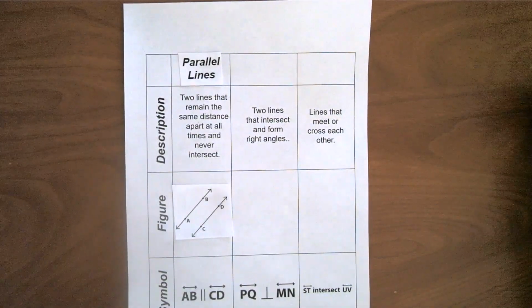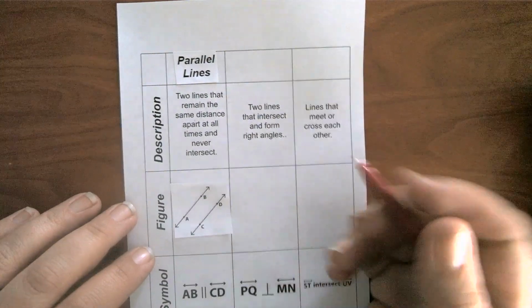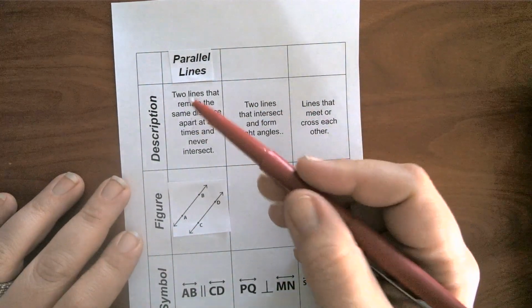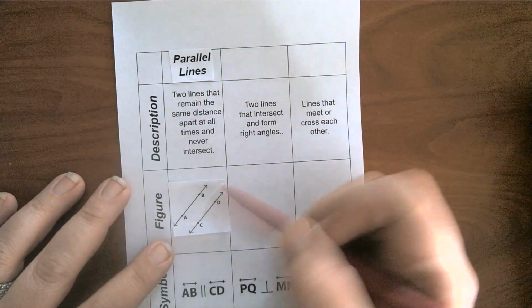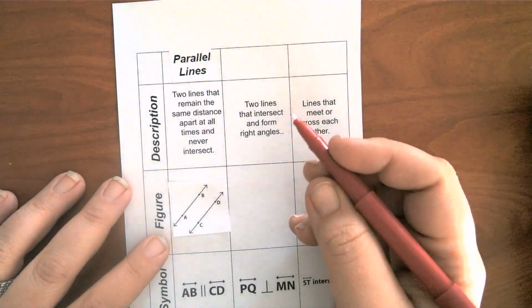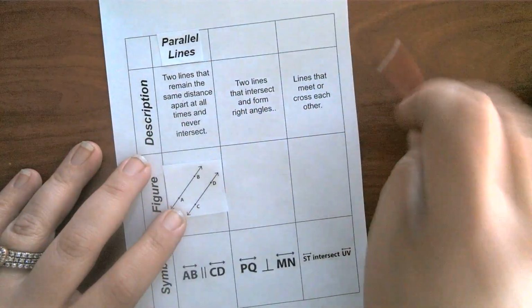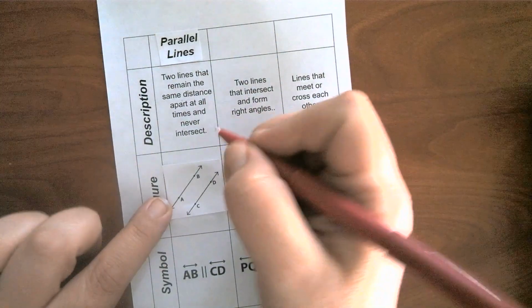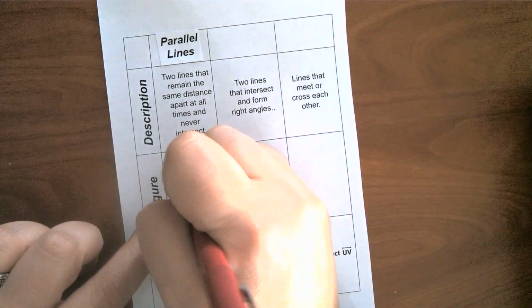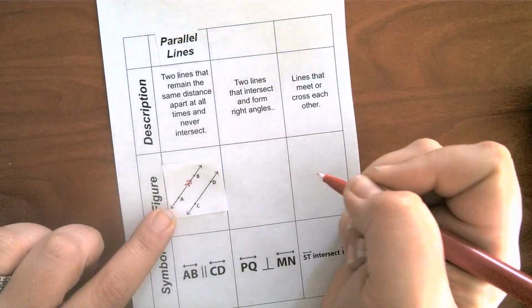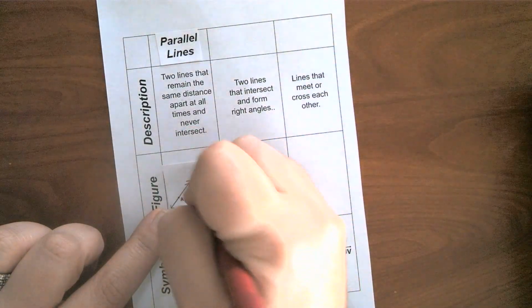Okay, one thing that we want to mark on here is if we're looking at this picture of parallel lines, we need to put a marking on them that shows that they're parallel. So what that usually looks like is either a single arrow or a set of arrows on the actual line. So I'm going to put double arrows on this line, and I'm going to put double arrows on this line.